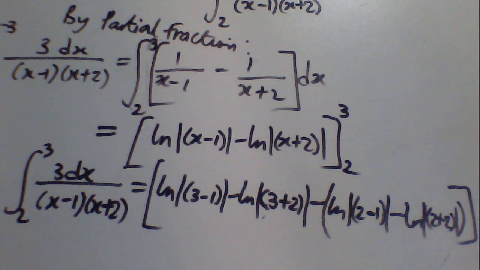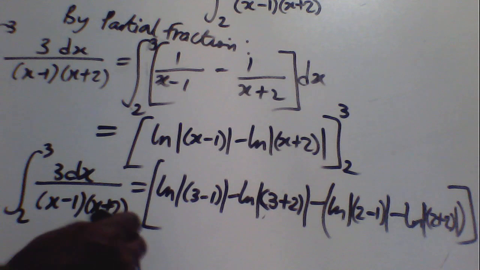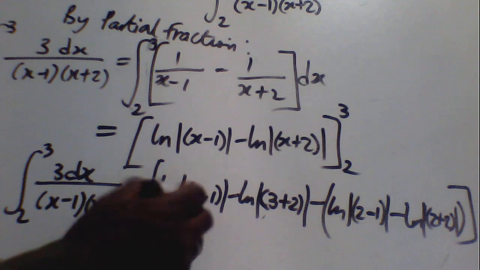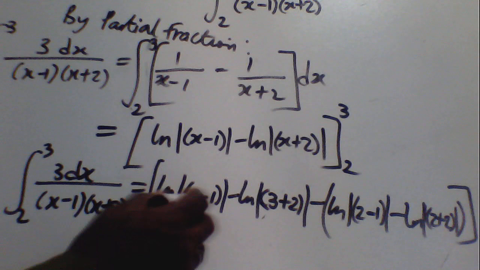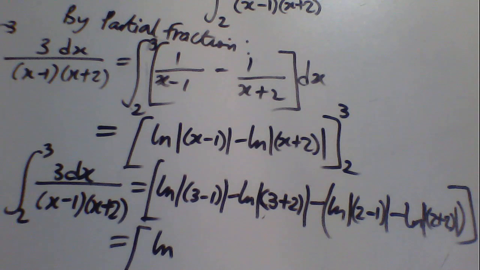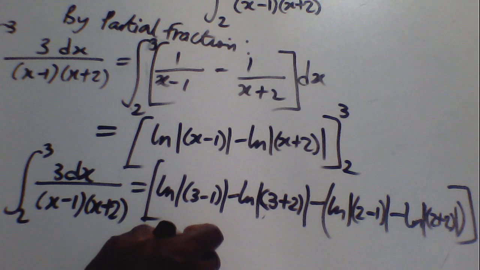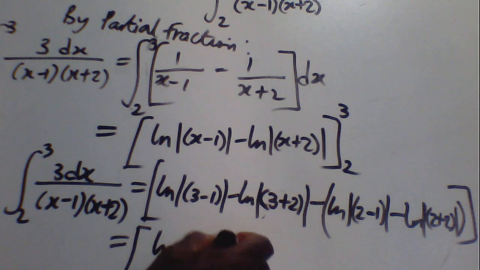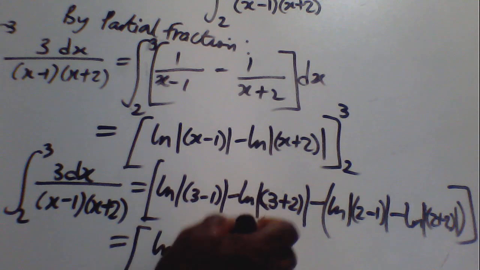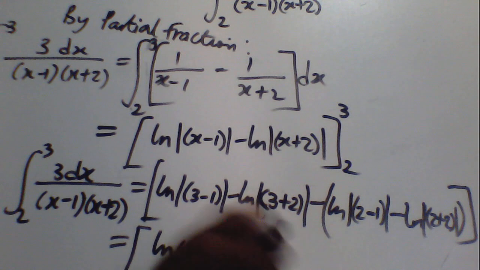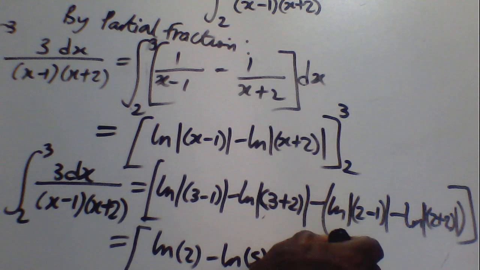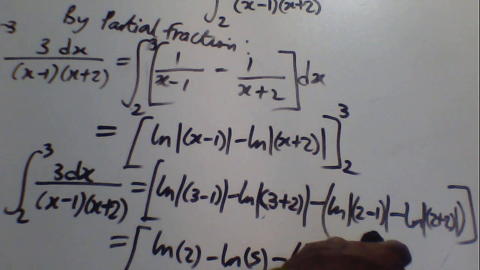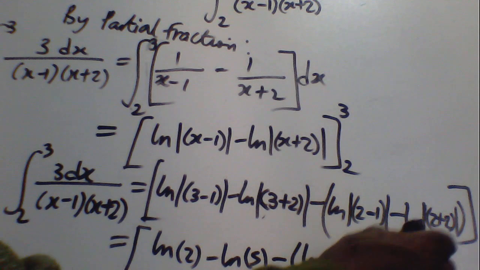So from this point, we have ln, 3 minus 1 will give us 2, minus ln 5. Minus, in bracket, ln 1 minus ln 4.